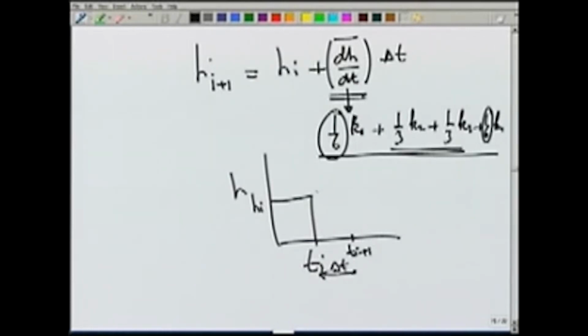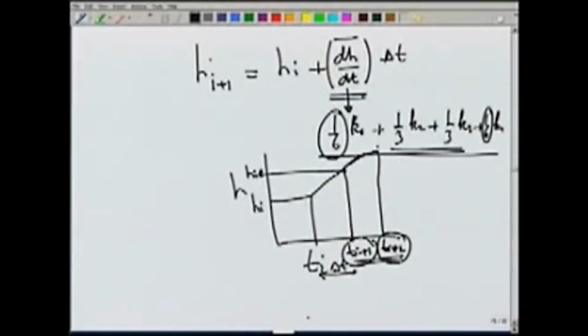So, using fourth order RK, we estimate what is the value at t i plus 1, and then we proceed to the next step t i plus 2. Now, using these two, as this as known and this as the unknown value. So, these numerical methods have become quite common recently because of the wide use of computers and easy availability of programs for numerical integration of differential equations. So, these are some methods which can be used to do the storage routing.